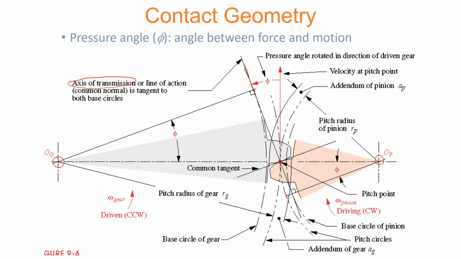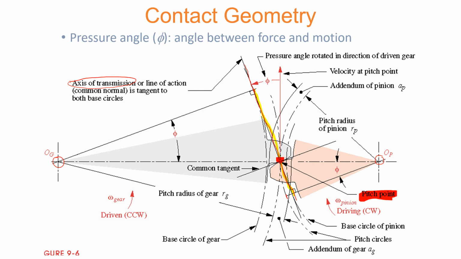So this line from this to this, and if I use the highlighter, this is going to be the axis of transmission, or line of action, according to our previous discussion. This line crosses the line of centers at this point, which is called the pitch point.